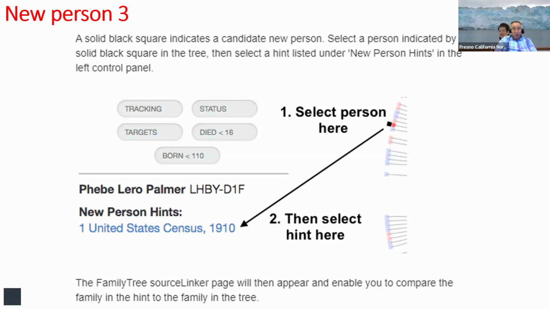Now, it doesn't always work the way you think because it's artificial intelligence. Sometimes it wants to add somebody that's already there. But in this case, it was a new person.